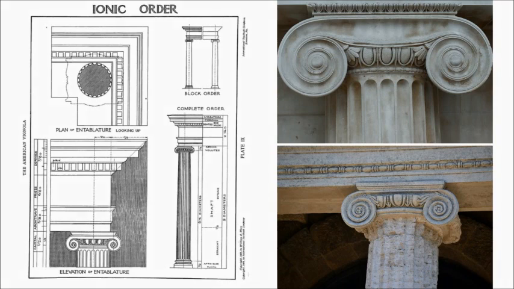When it starts to dip down like that, this is called a Greek Ionic capital, and the one on the bottom is a Roman. Note the Roman does not have that little bowing aspect of it, and so the Roman version is what we're going to draw in American Vignola.